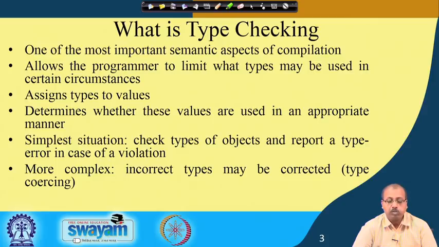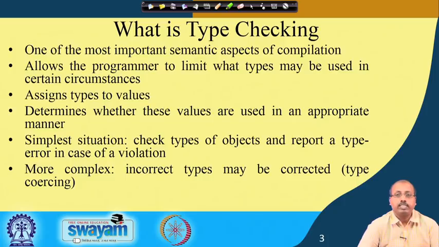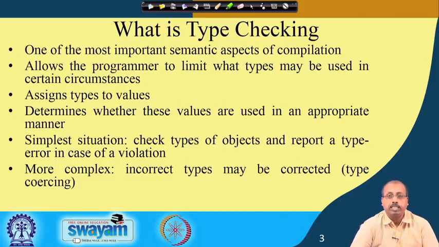It is one of the most important semantic aspects of compilation. Please note the term, semantic aspect; it is not the syntactical aspect. So, you cannot use the standard automata theory to answer whether a program is correct from its type point of view.